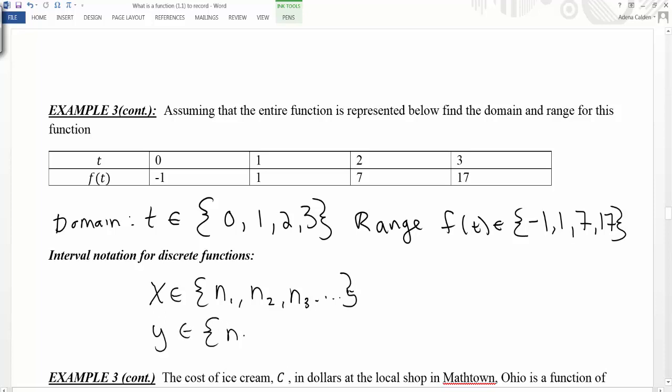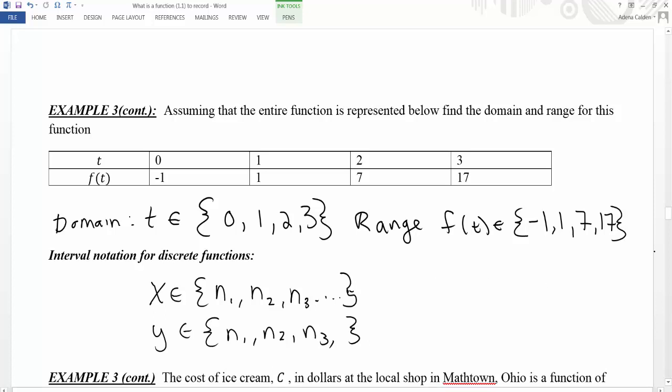So again, we're going to list the numbers that y can take on as values, or the dependent variable can take on as values in the curly brackets and as an ordered list. We write these in order generally from the smallest value it can take on to the biggest value it can take on. So that's the notation that we're going to be using for discrete functions in this course.